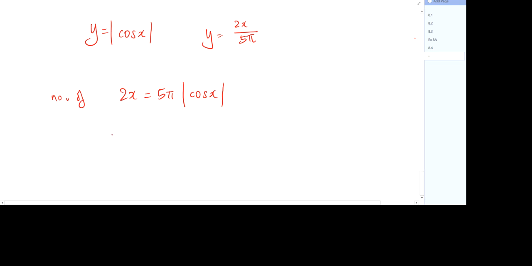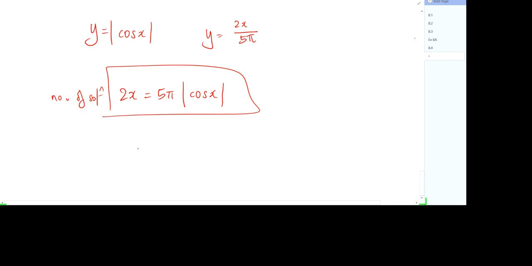Worked example number 17. Also the same type of question, but there's a slight change. We've got the y equals modulus cosine x graph, as well as y equals 2x over 5 pi. Then they want us to find the number of solutions for 2x equals 5 pi modulus cosine x. Number of solutions. Then how? This doesn't look like the graphs we already have.